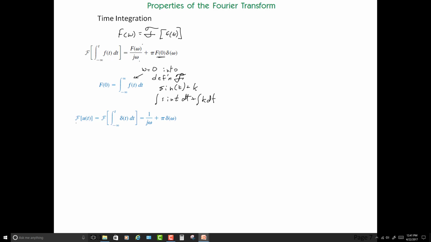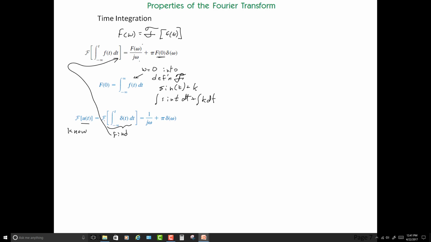Take as an example the Fourier transform of the unit step. This we know. We can look it up in our tables. That's why we're doing this example. That's equal to the Fourier transform of the integral of the impulse function. So we're going to find this according to this.